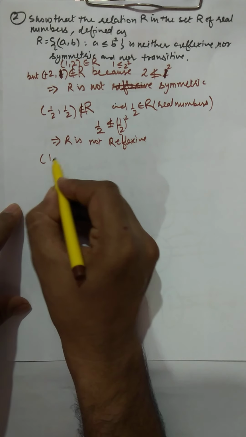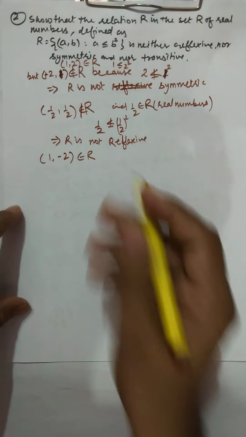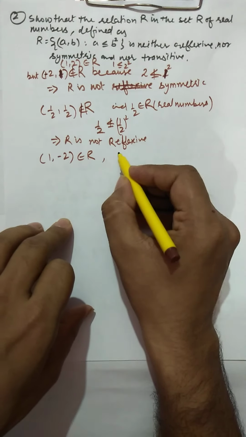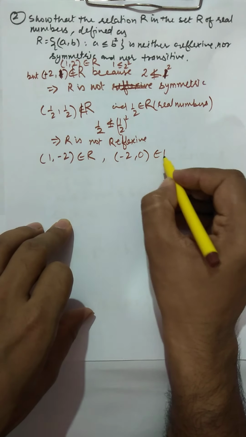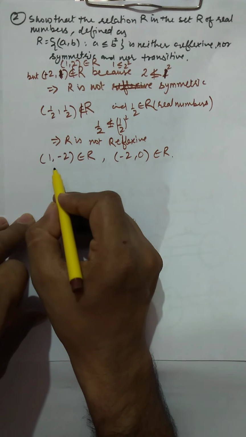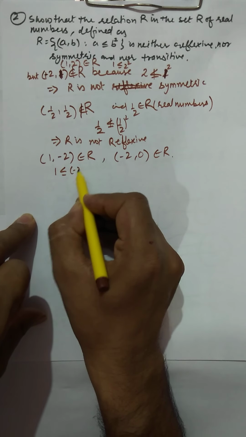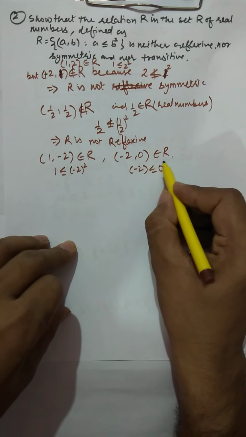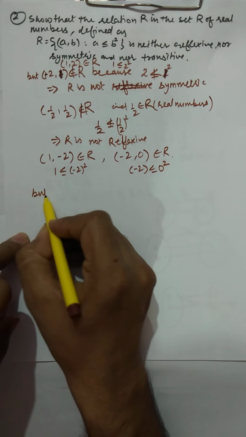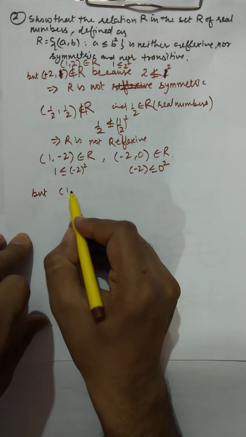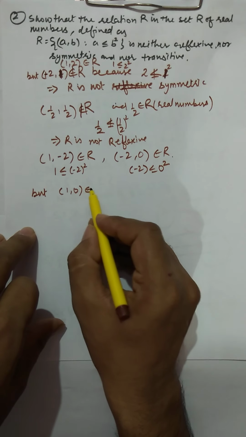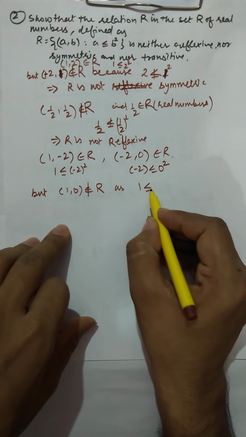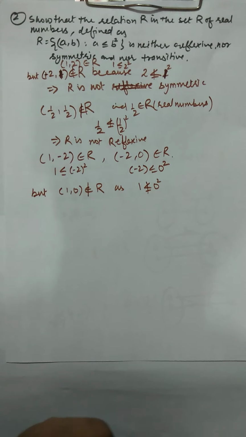Let's say (1, minus 2) belongs to R, and (minus 2, 0) belongs to R. We can show why: 1 is less than or equal to minus 2 whole square, and similarly minus 2 is also less than or equal to 0 square. But you see (1, 0) does not belong to R, as 1 is not less than or equal to 0 square.